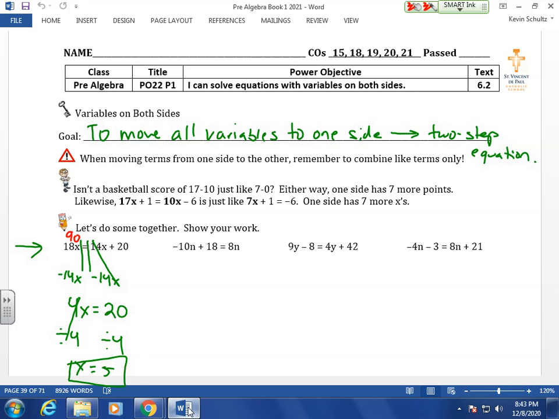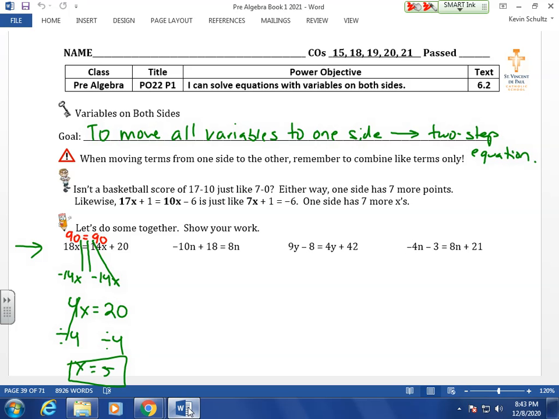And then 14 times 5 is 70, and 70 plus 20 equals 90. Right? So the whole concept of a two-step equation is to, using opposite operations, adding or subtracting, move all the x's to one side.